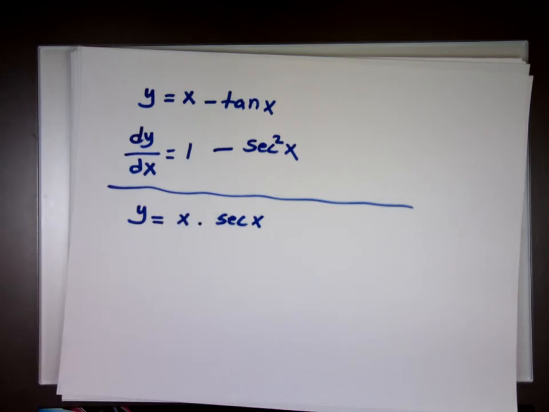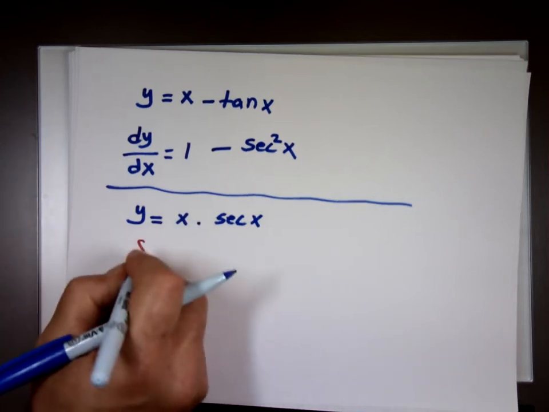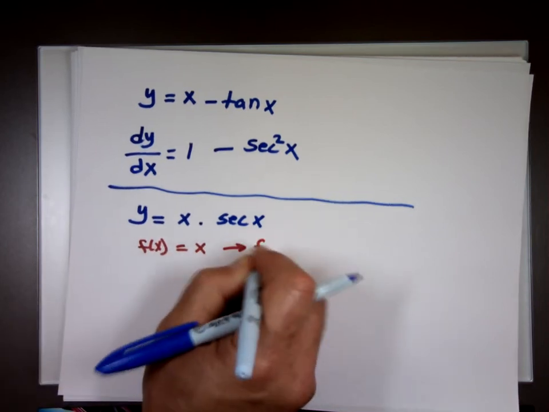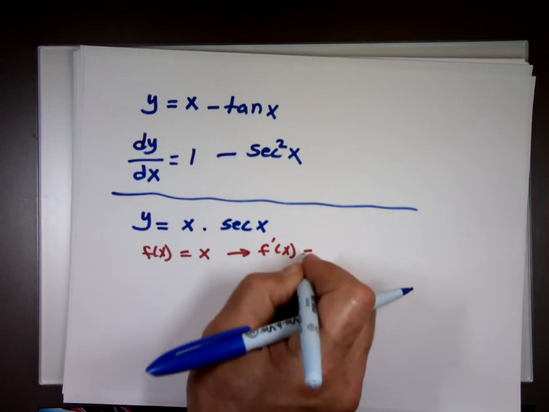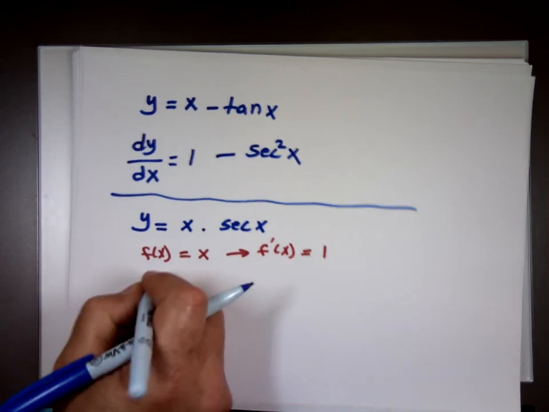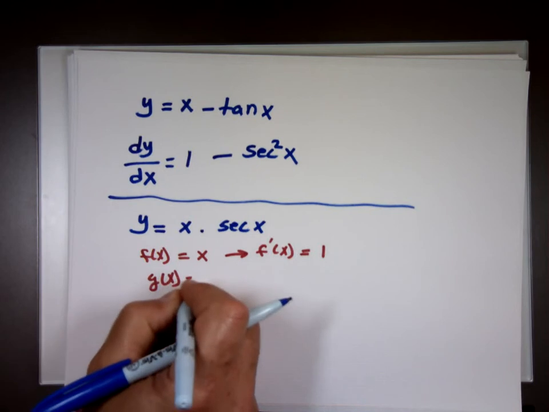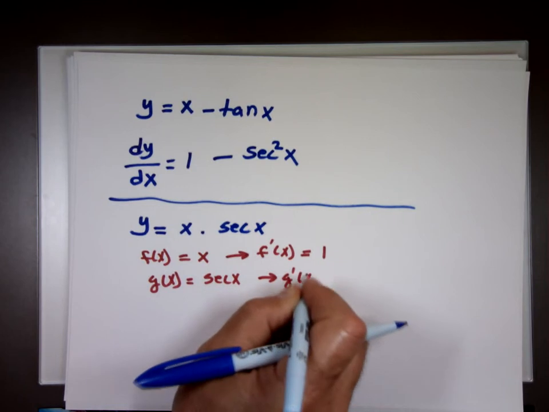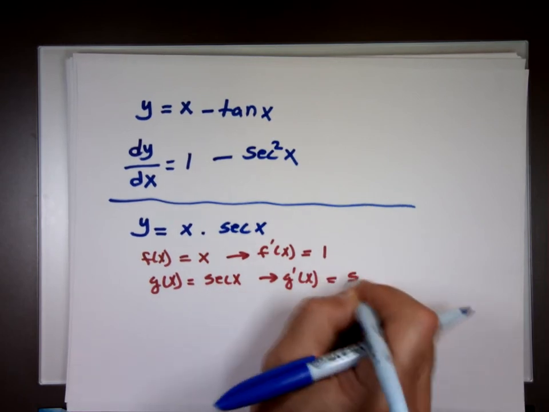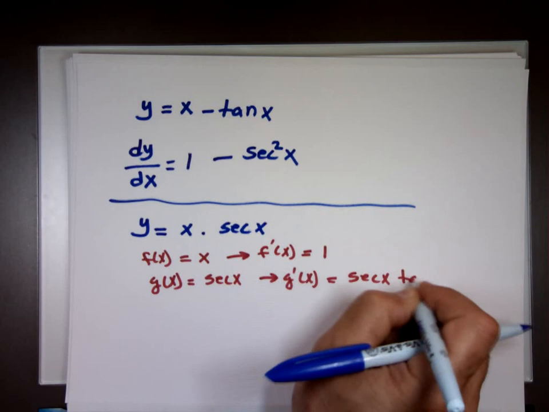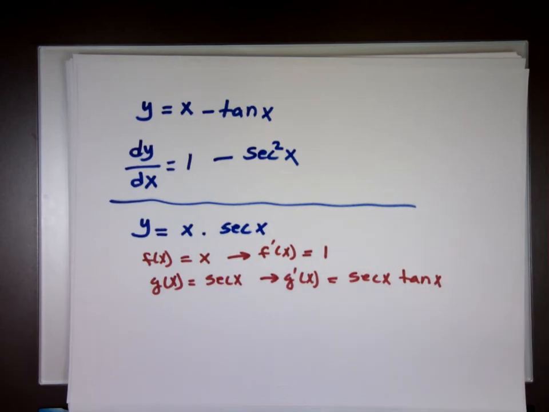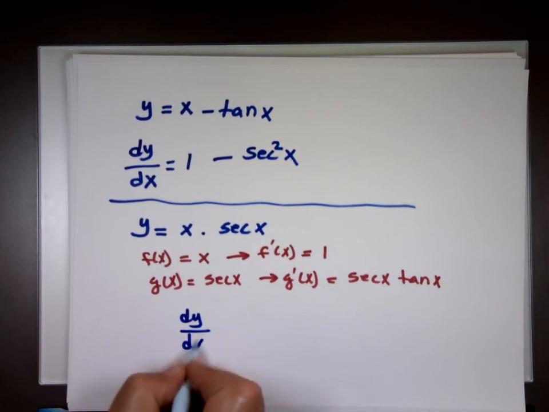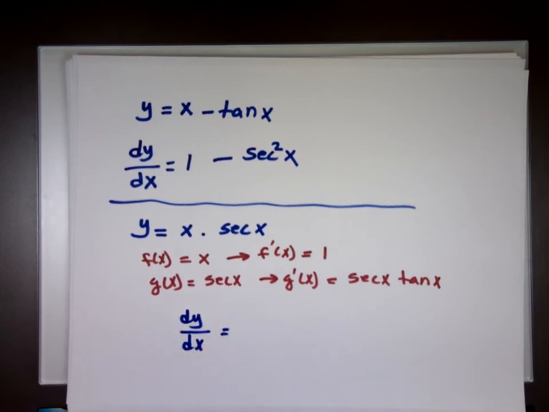You see x times secant of x. F of x is equal to x. F prime of x, what's the derivative of x? 1. G sub x equals what? Secant x, what's the derivative of that? Secant tangent, yep. Doesn't matter which one you write first. So what's the derivative, dy dx? What do we have?